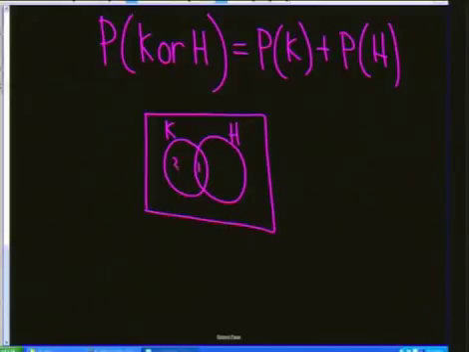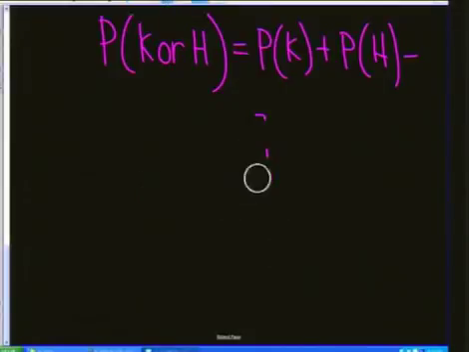So in here I've got 3 kings that are not hearts, and in here I've got 12 cards that are not kings. So in total, I have to take away this intersection probability in order to undo this. Let's just rewrite it because I'm running out of space.